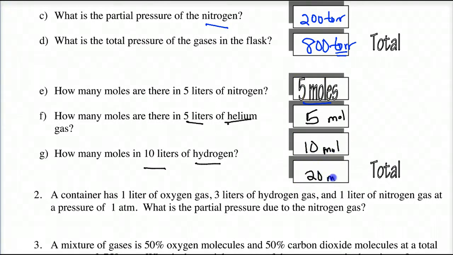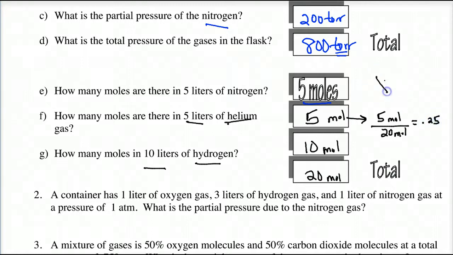Now let's stop here for a second. Let's look at the fractions that we could have used. If there are a total of 20 moles, and we deal with the mole fraction of helium, the part of helium is 5 moles. So 5 divided by 20 equals 0.25. What is this?